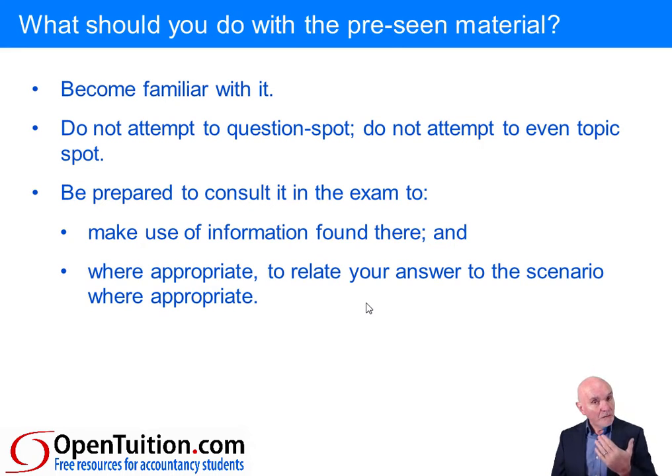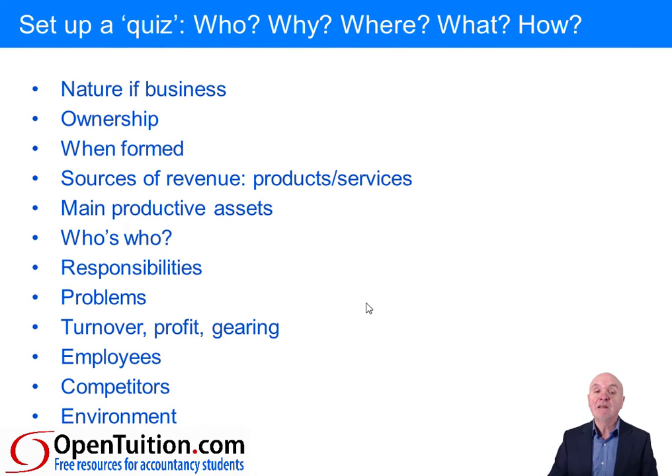What in general they do not want in your answer is for you to write a very theoretical answer, which could be written for a hotel, an aircraft manufacturer, a newspaper, a television company, a restaurant, a supermarket chain, and so on. They want it related to the scenario and the nature of the business which is there.